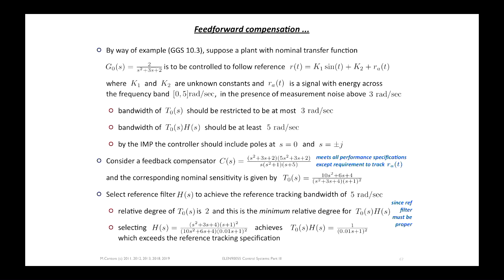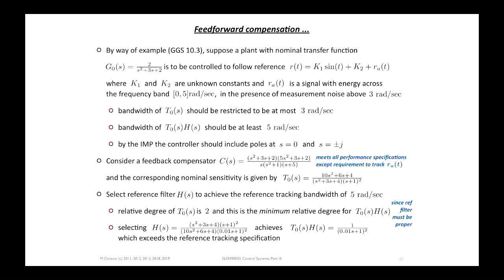So what you can do is design the feedback controller to make sure T rolls off, to reduce the sensitivity to measurement noise that becomes significant after 3 radians per second. And then use the pre-filter H to extend the range of frequencies across which the transfer function from the reference to the output is 1.